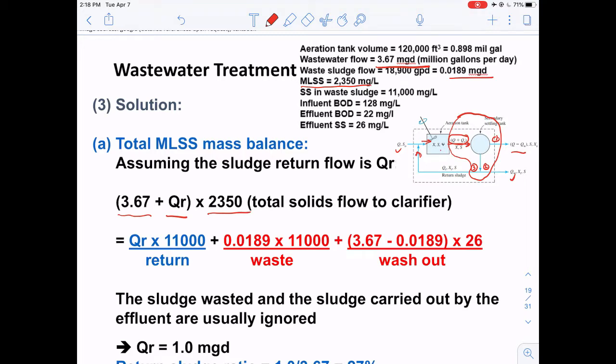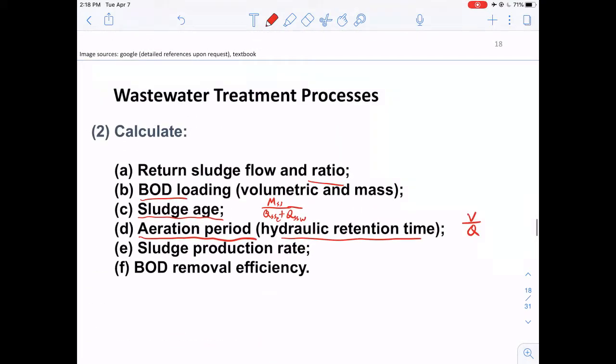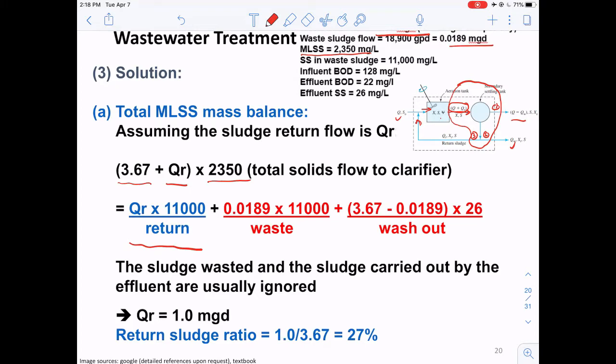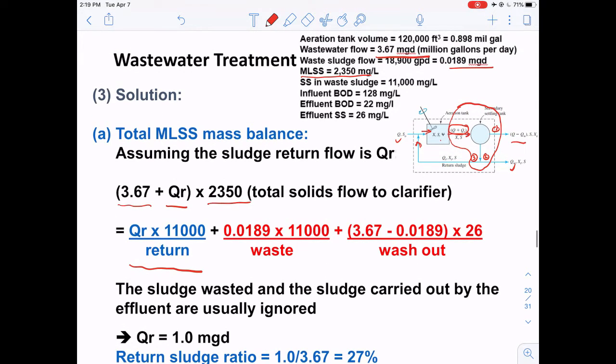There's a branch of the suspended solids going back into the aeration tank, that is the return amount. We don't know the flow rate of the return flow, because we're trying to solve for the return sludge flow. So we can just use QR and multiply it by the concentration of the suspended solids in this stream. The suspended solid in the waste sludge is 11,000 here.